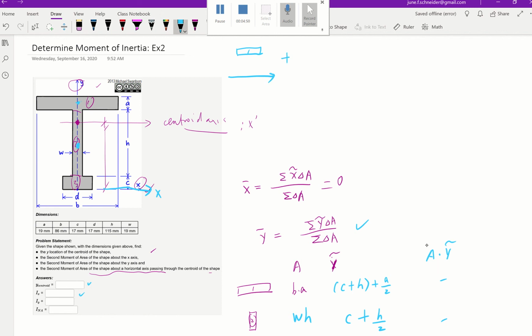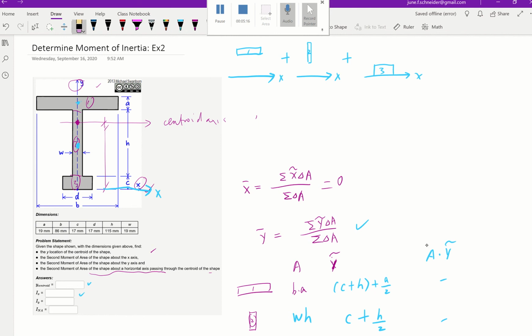Then plus our middle one, which is our 2, and the x-axis is also below that. Then we have a bottom one, the bottom rectangle 3, and this is going to be the x-axis. So it's all those 3 together.